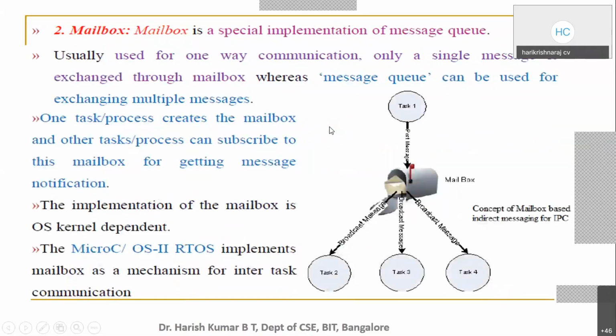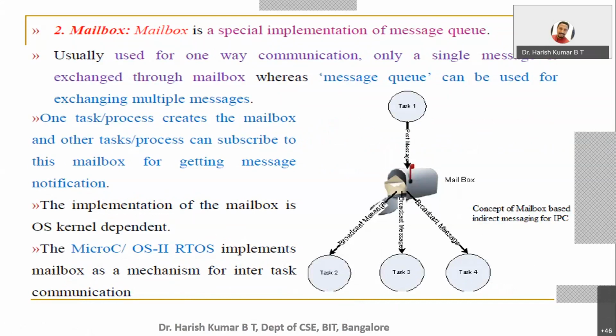Next is the mailbox. So you understood message queues. Now we are understanding the second technique of message passing, that is the mailbox. To some extent, the mailbox is similar to the message queue we understood in the previous slide. That is the reason we say it is a special implementation of message queue, because it slightly differs.